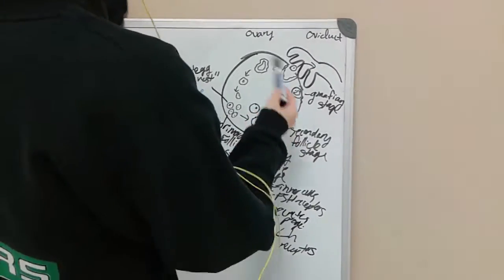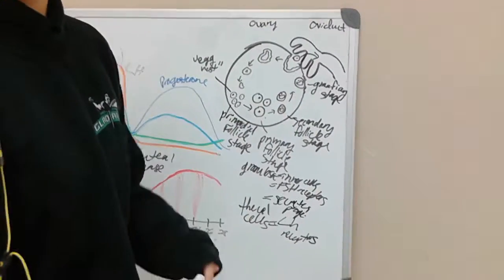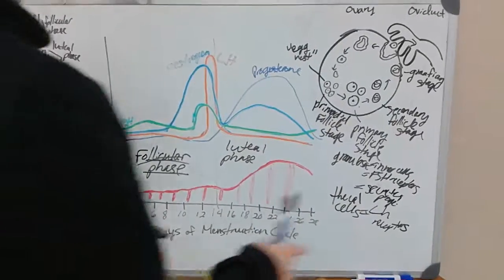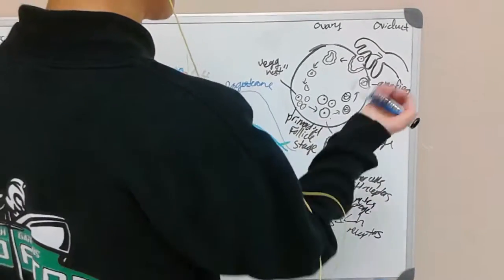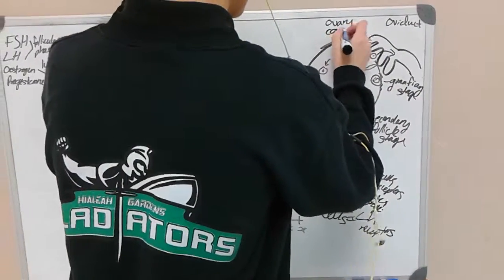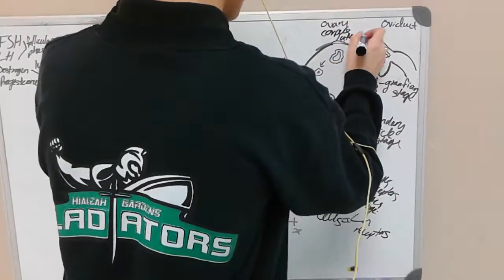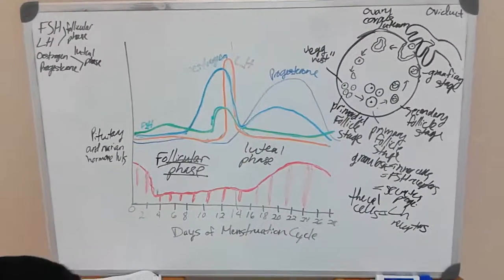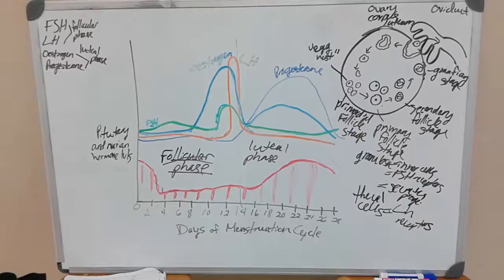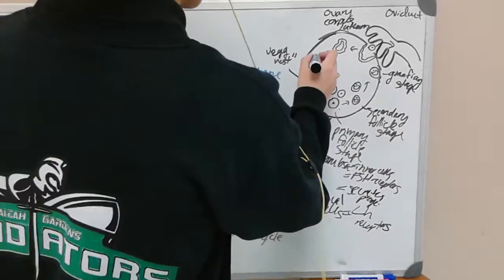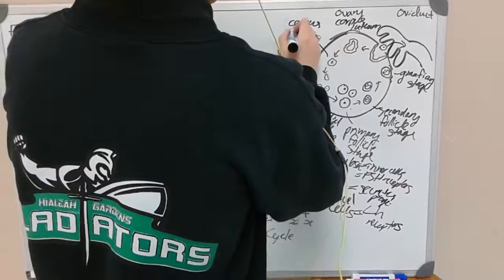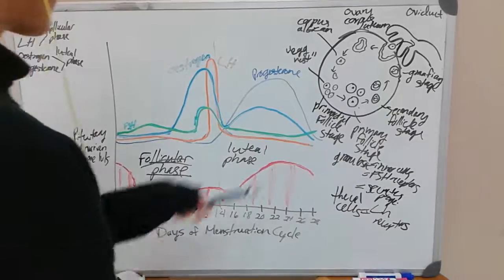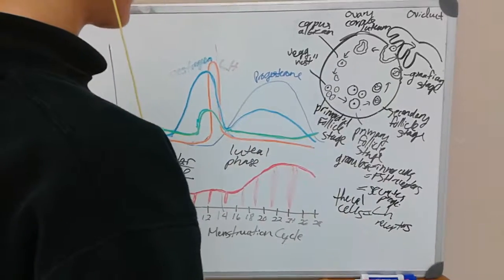After the span of several days, the corpus luteum begins to break down into the corpus albicans, until finally it disintegrates. And that's the ovarian cycle.